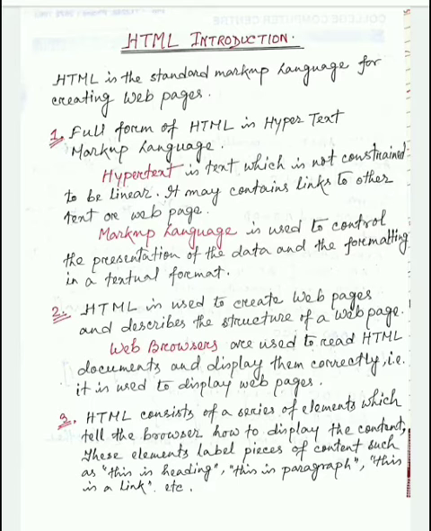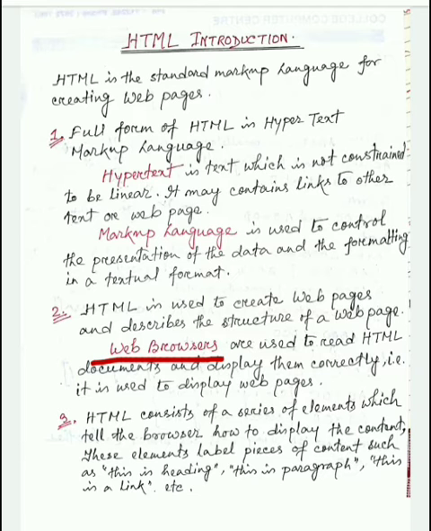HTML is used to create web pages. Now, what is a web page? A web page is a page which we can open through a web browser. A web page created by HTML can only be viewed using a web browser, such as Chrome, Mozilla Firefox, Opera, etc. The web browser is used to open the web page, and we can send web pages or links between web pages on the internet.